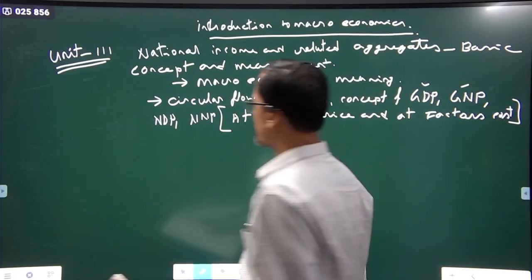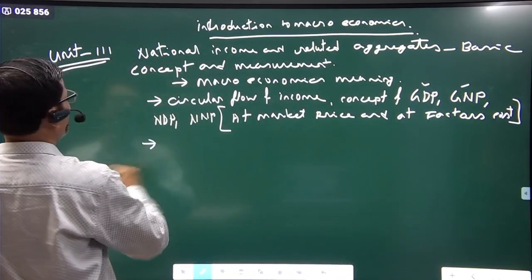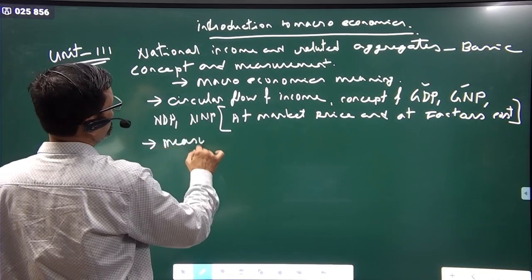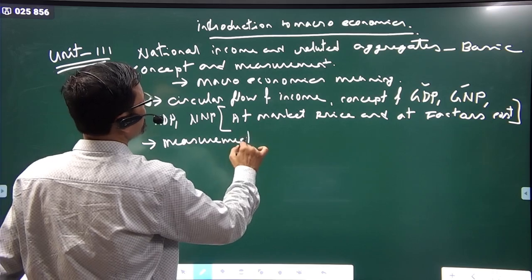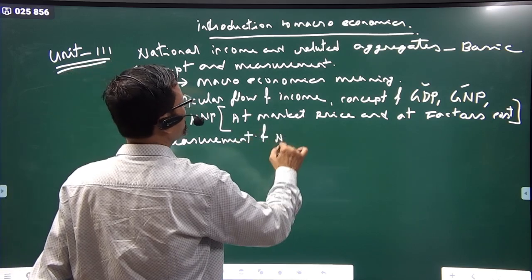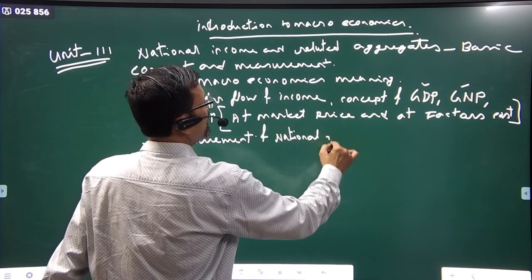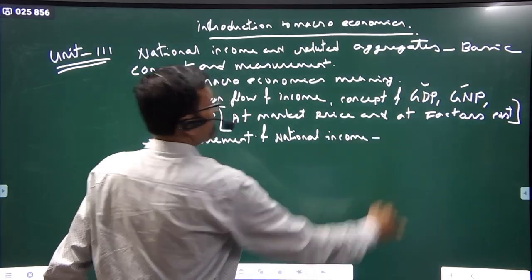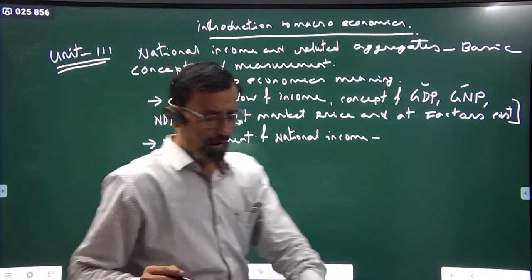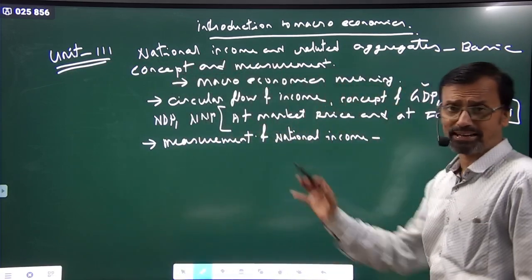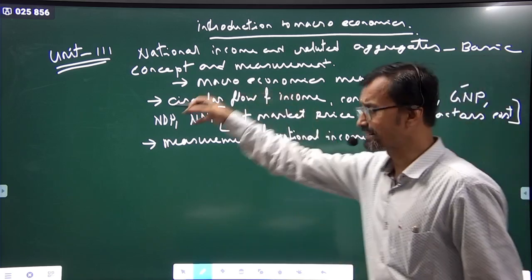Now come to the third subheading, measurement of national income. This part exactly tells us how the national income can be measured. There are different methodologies to measure the national income.